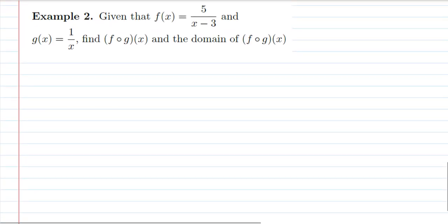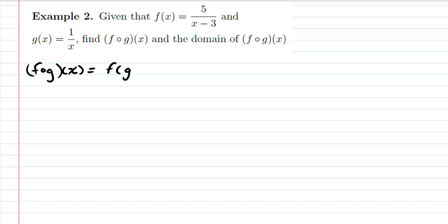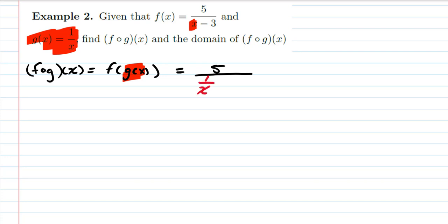So now back to our problem. Let's find f circle g first. So f circle g of x is going to be f evaluated at g of x once again. So everywhere in f where I see an x, I'm going to replace it with g of x. So my g of x is 1 over x, so that's going to give me 5 over, and my x becomes g of x, which is 1 over x, take away 3.